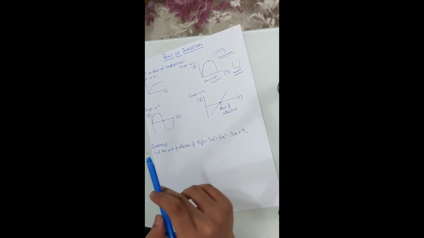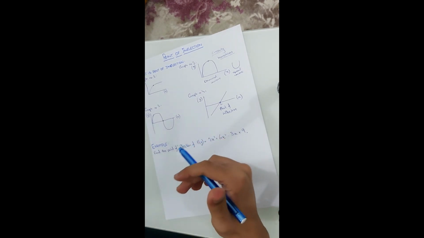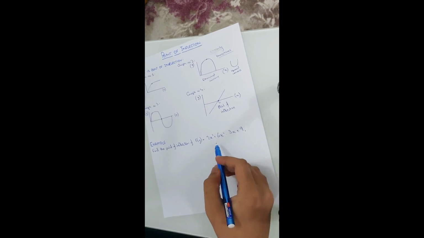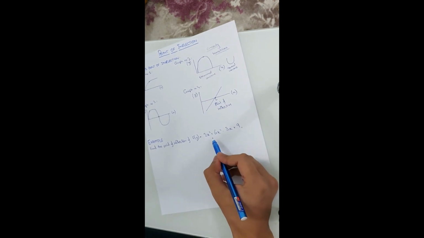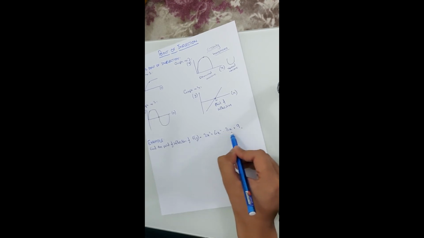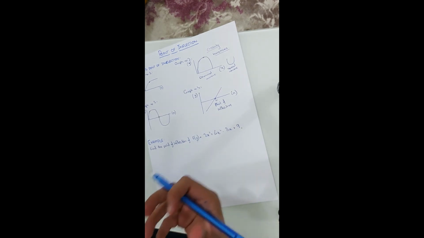So we will discuss an example where we will have to find the point of inflection of this equation. What actually gives us the value of the point of inflection?